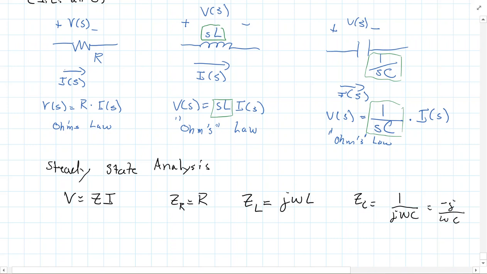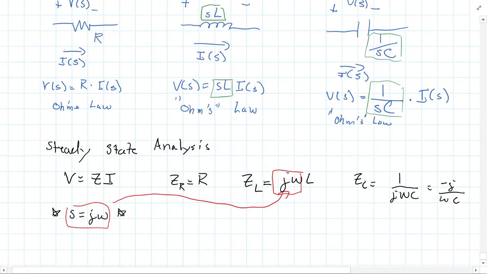But then let's think about it. Remember, in the previous lesson, we said that, hey, we're not going to go through the theory on why we can do this, but we can let s equal j omega. And wait a minute. If I do that, with s being j omega, look what happens when I plug it in here.